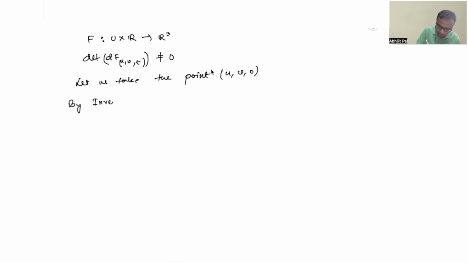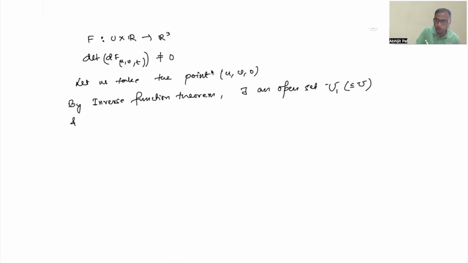By the inverse function theorem, there exists an open set U1 contained in this U and a number epsilon greater than 0 such that the point (u, b, 0) is contained in U1 cross (minus epsilon, epsilon), and F restricted to this open set is a diffeomorphism.